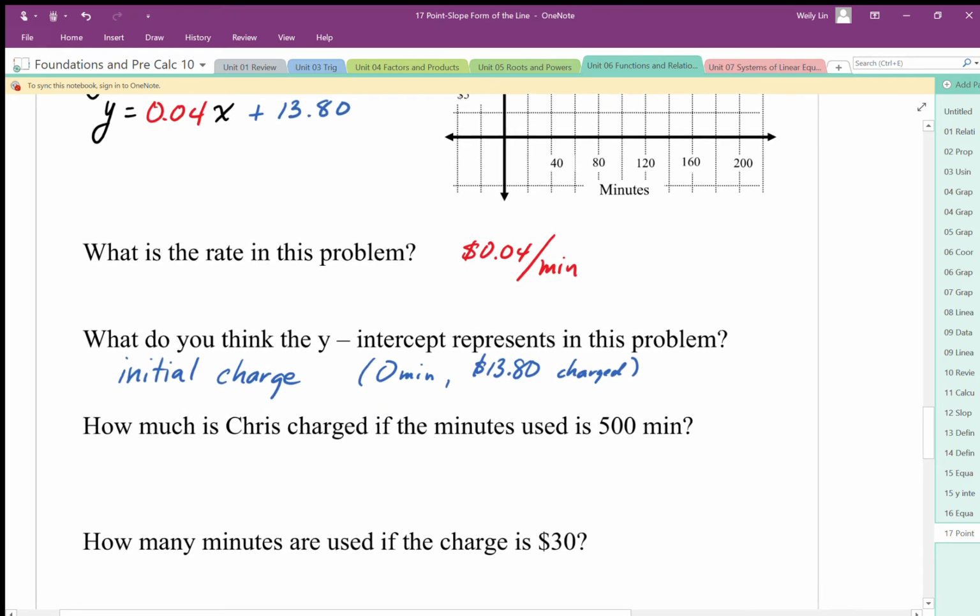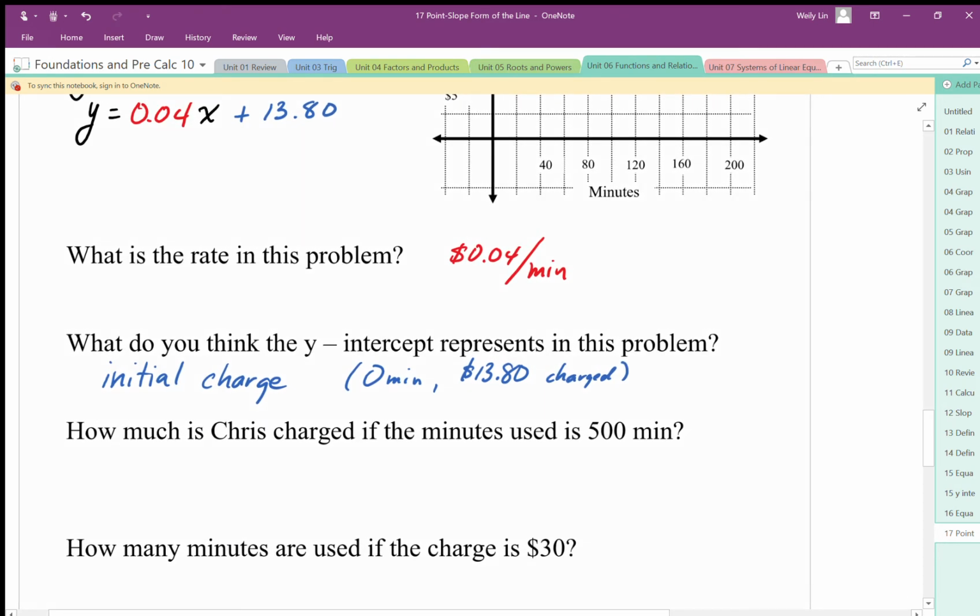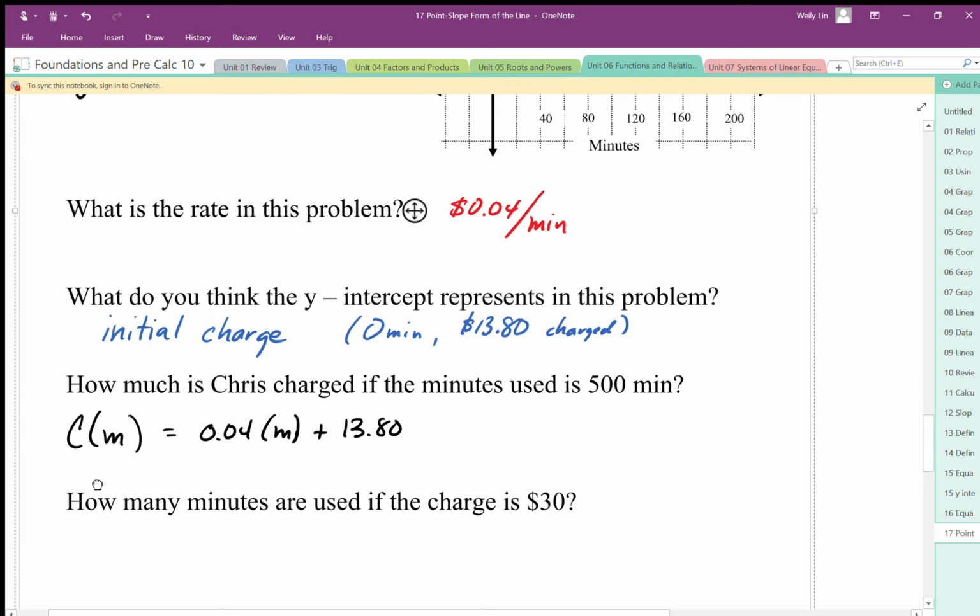Now we can use this function to figure out the charge for 500 minutes. I'm just going to use the y-intercept form. My charge as a function of minutes used is equal to 4 cents a minute times the minutes plus my initial charge of $13.80. At 500 minutes, I'm going to plug my 500 into my function.